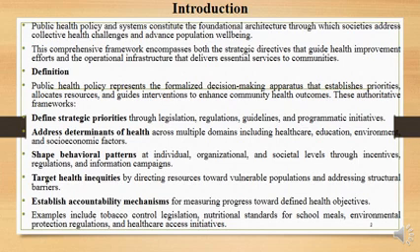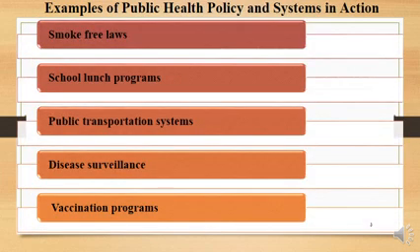Examples of public health policy and systems include tobacco control legislation, nutritional standards for school meals, environmental protection regulation, and healthcare access initiatives. So look at the examples here: smoke-free laws, school lunch programs, public transportation systems, disease surveillance, vaccination programs.